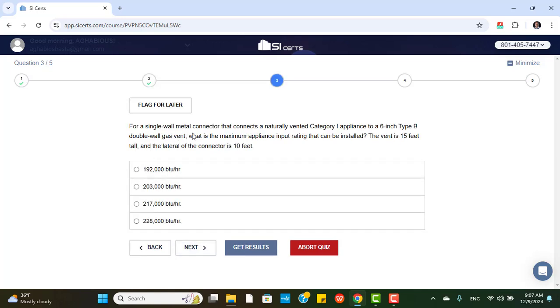12 inches. For a single wall metal connector that connects a naturally vented Category 1 appliance to a 6-inch Type B double wall gas vent, what is the maximum appliance input rating that can be installed? The vent is 15 feet tall and the lateral is 10 feet.